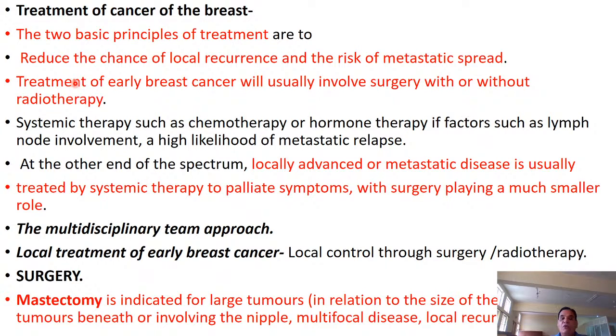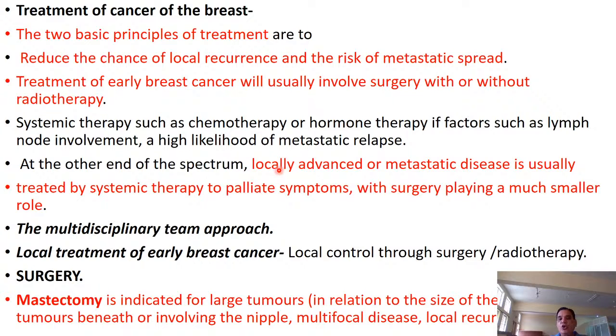So what is happening? Early breast cancer usually involves surgery with or without radiotherapy. Once you go to locally advanced, it is systemic chemotherapy, called adjuvant chemotherapy. So you start from early breast cancer and go to the end.